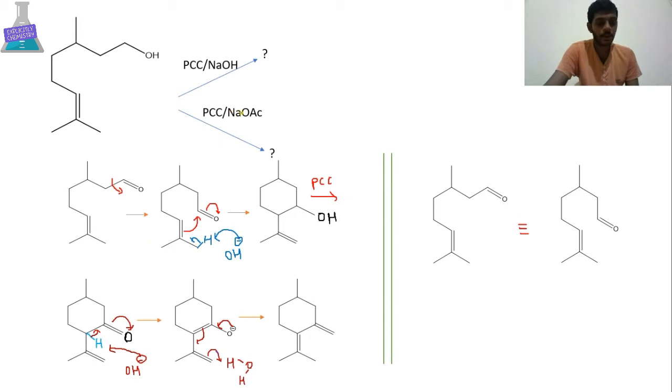If we add NaOAc, which is not strong base as NaOH, thus the oxidation of this alcohol only happens to aldehyde, which is equivalent to this structure, and no cyclization happens like this in NaOH. And this is a very important reaction which is asked in CSIR NET paper.